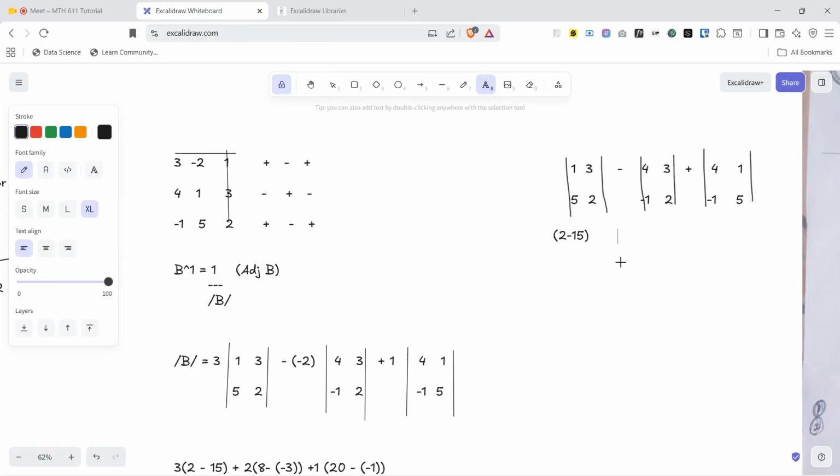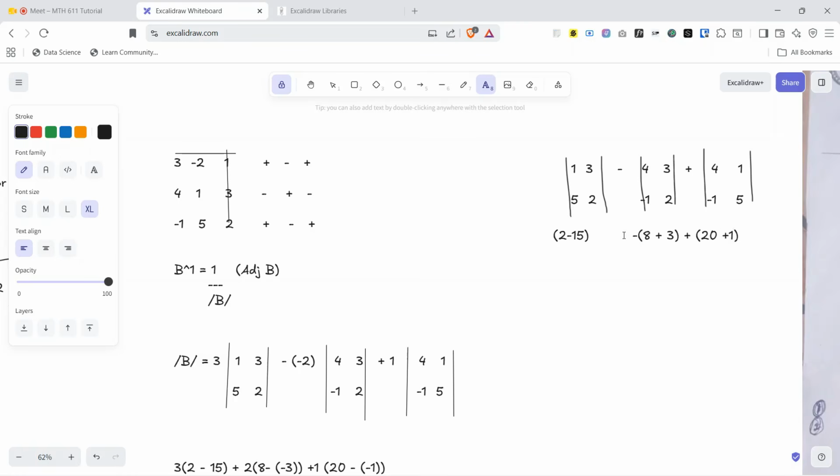This one will be minus 8 into minus 1, so it's going to be plus 3. Then plus 4 times 5, that is 20, plus 1.